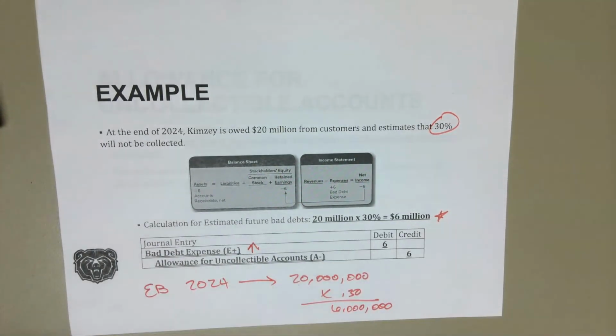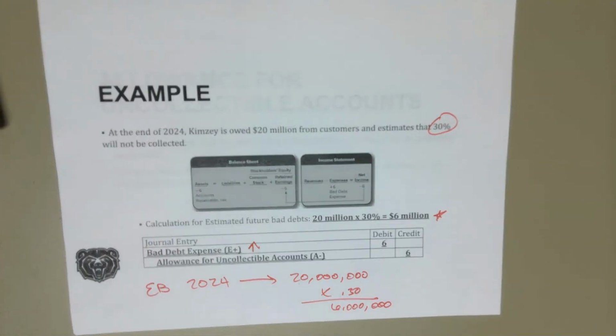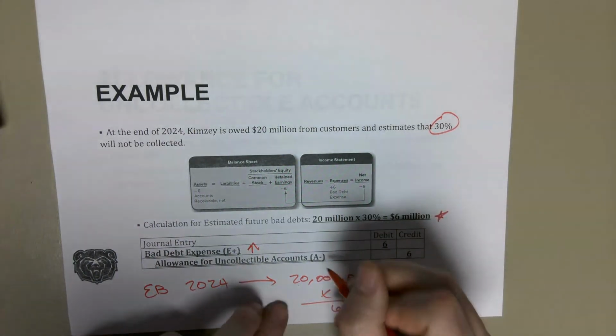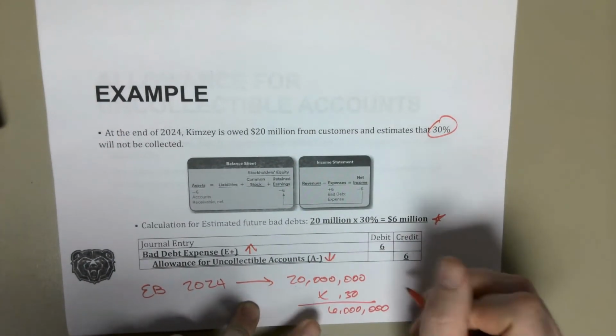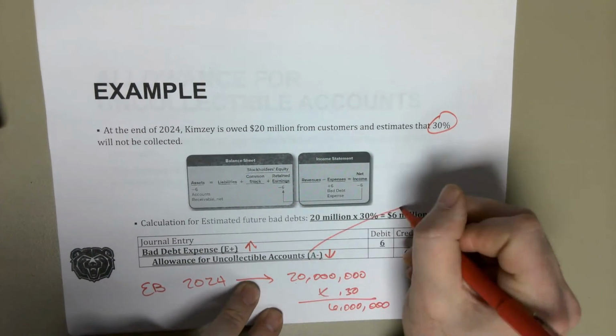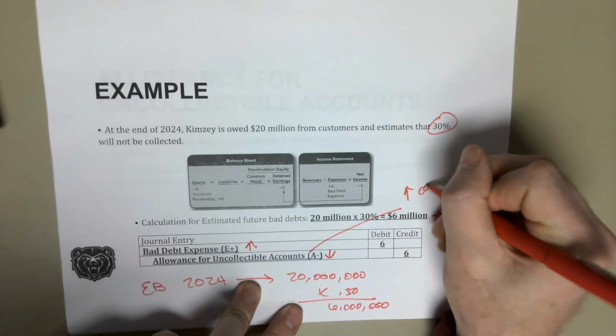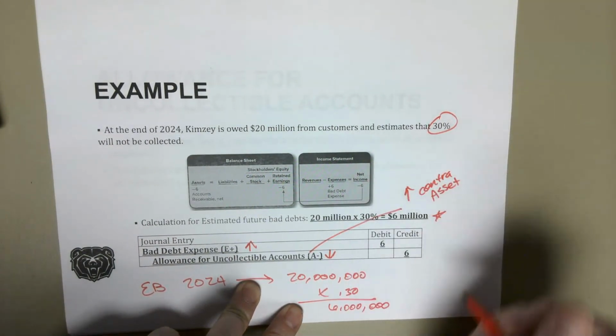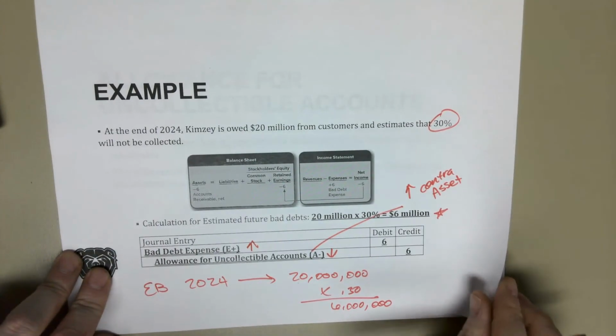We're just saying, we are allowing for $6 million to not be collected. We're not saying that it's okay, but we expect it, right? So in the end, that is a decrease to an asset. Just remember that this is actually an increase to a contra asset, right? Which in turn becomes a decrease to the asset.